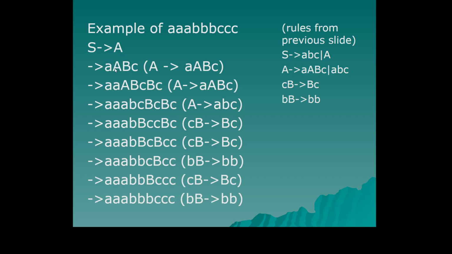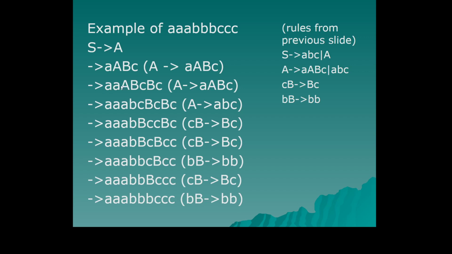We then take this first A and replace it as well with lowercase a, capital B, C. And then we add our capital B, lowercase c at the end here. So we get a nice messy thing like this.